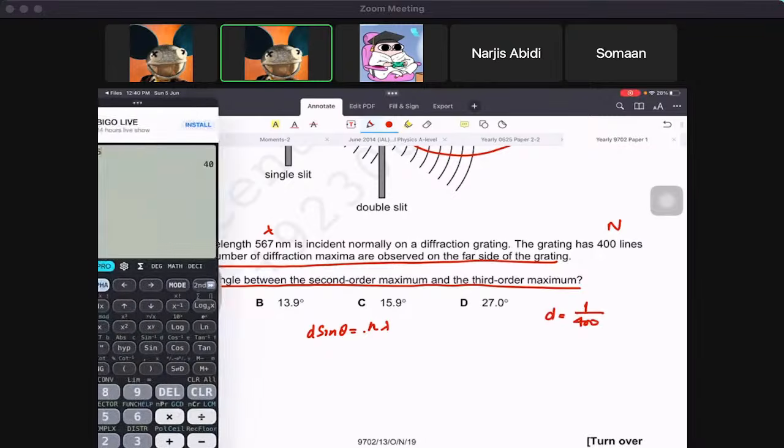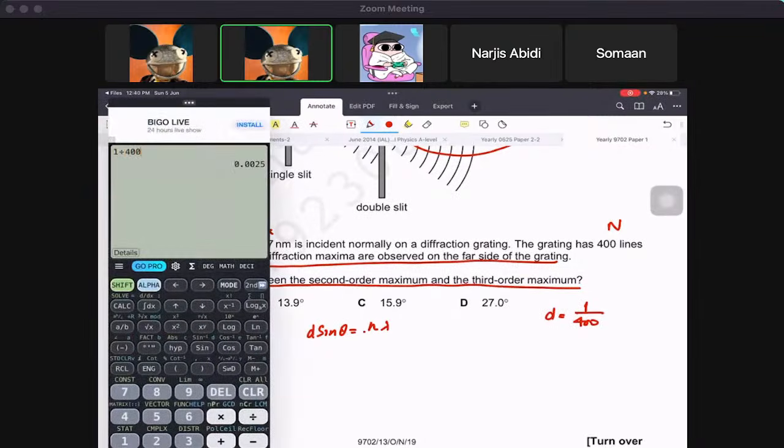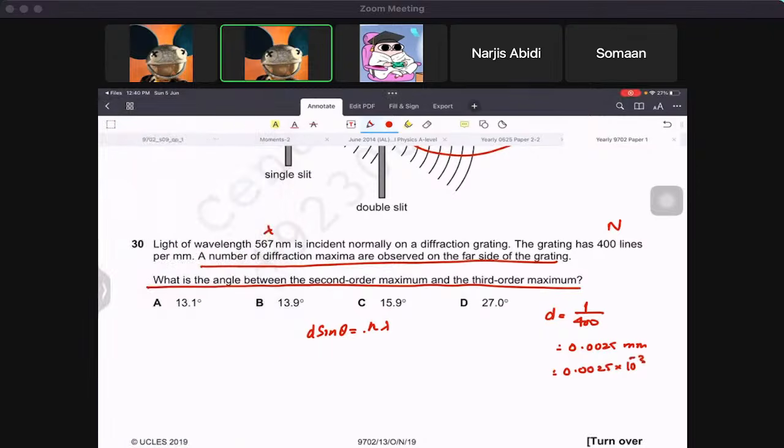So 1 upon 400 is 0.0025 millimeter, and then you got to change it to meters. Okay, so 0.0025 times 10 raised to minus 3. Sine theta, we want to find theta of the second order. So for second order, this is 2 and 567 times 10 raised to minus 9.